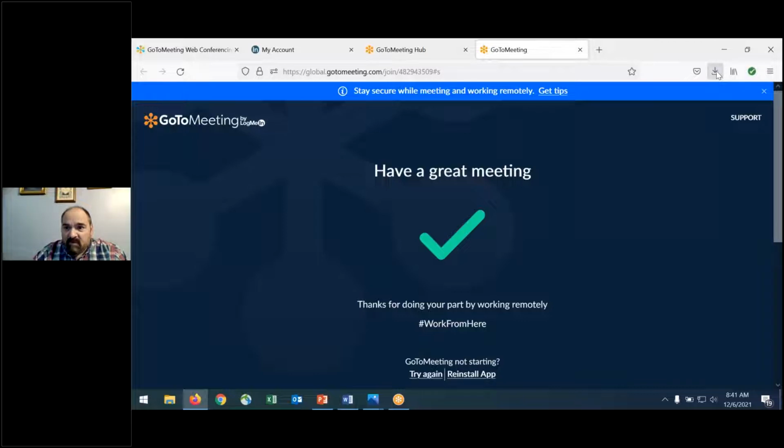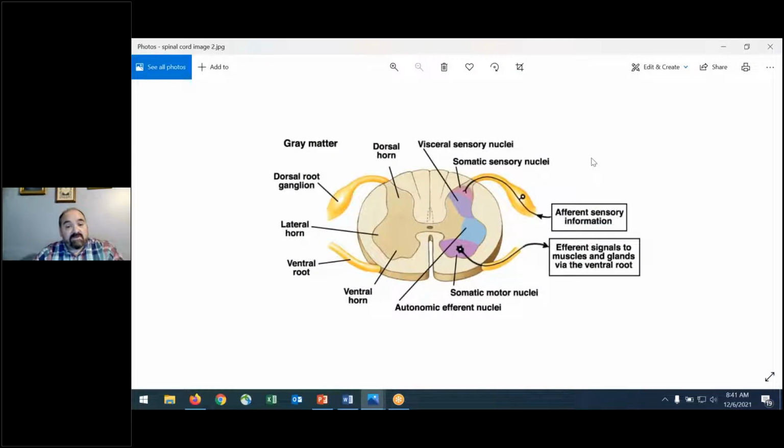I like showing you that one just so that you can see it in relationship to the spine itself. This is a very good image. What you're seeing here, folks, is the dorsal aspect or the posterior aspect, and the ventral aspect or the anterior aspect of the cord. So, cord anatomy.